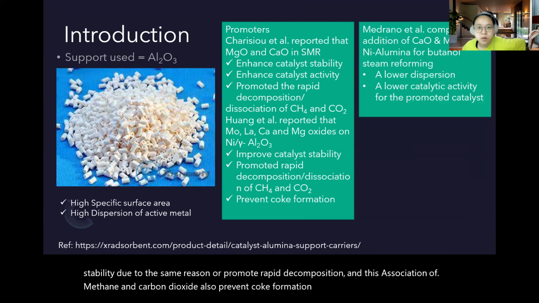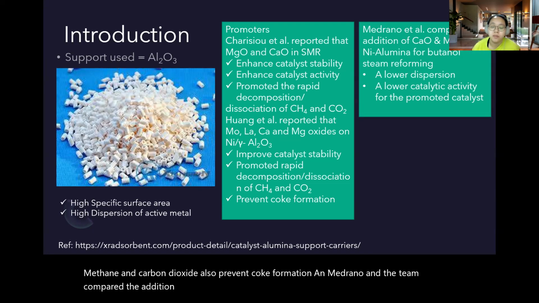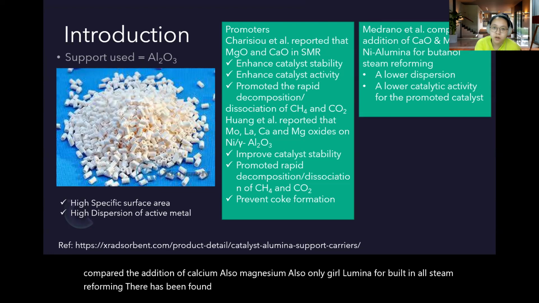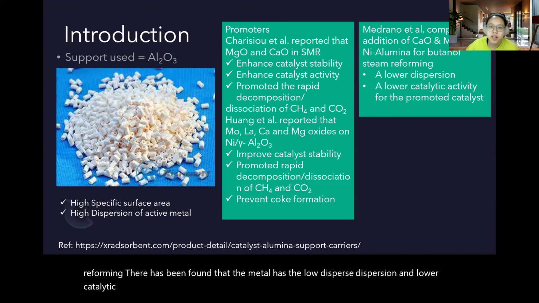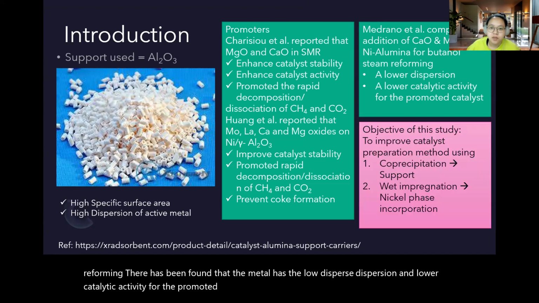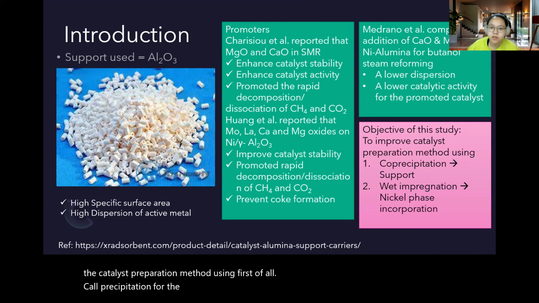And Medrano and the team compared the addition of calcium oxide and magnesium oxide on nickel alumina for butanol steam reforming. It was found that the metal has low dispersion and lower catalytic activity for the promoted catalyst. So the objective of this study is to improve the catalyst preparation method using, first of all, co-precipitation for the support and wet impregnation for nickel phase incorporation.